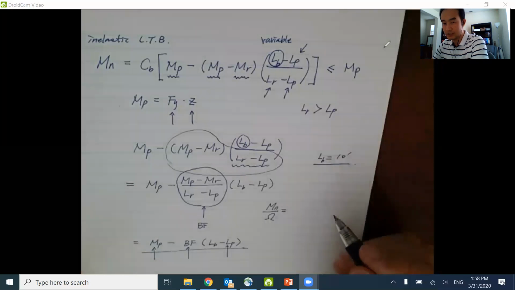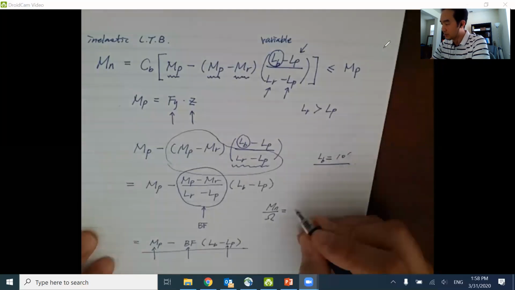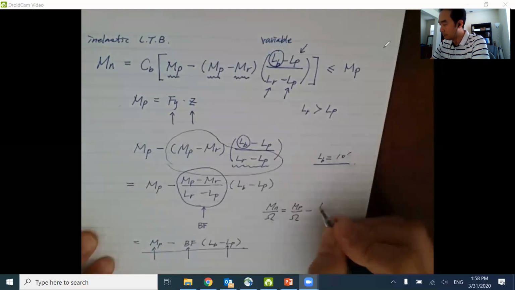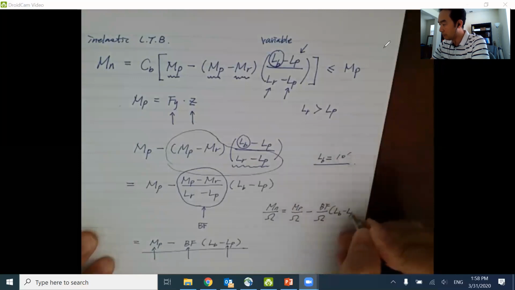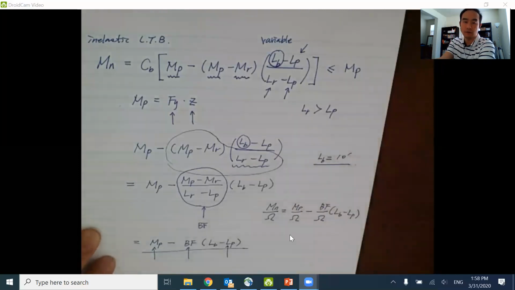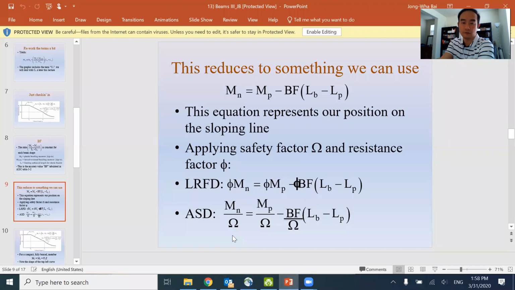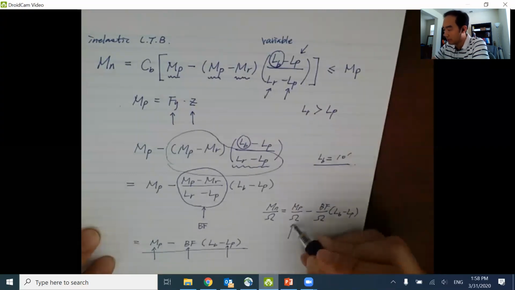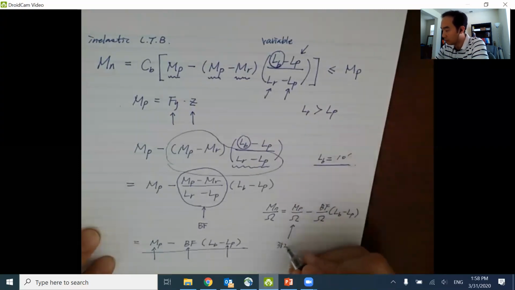Let me just skip the C sub B as I said. It is equal to Mp over omega minus Bf over omega times Lb minus Lp. And this is the equation from here, right? For AISC, Mn over omega is equal to Mp over omega minus Bf over omega times Lb minus Lp. Okay, so Mp over omega, from the table, says 382, and this is in kip-feet.